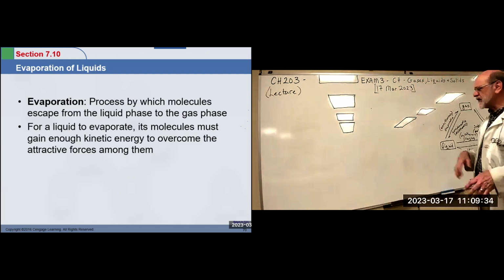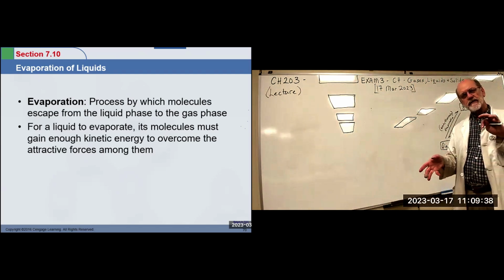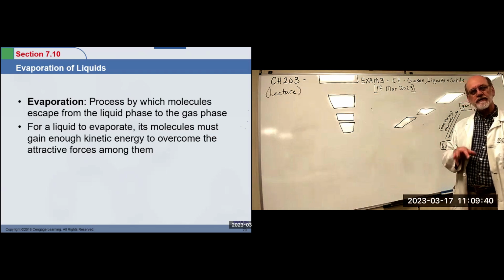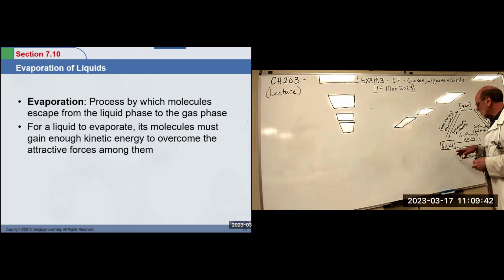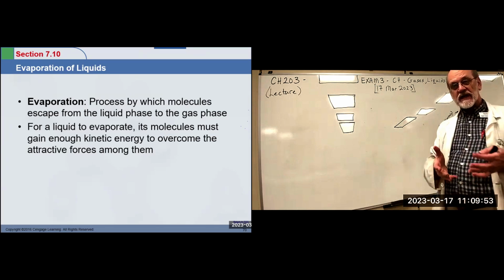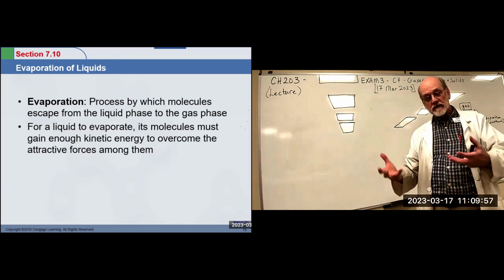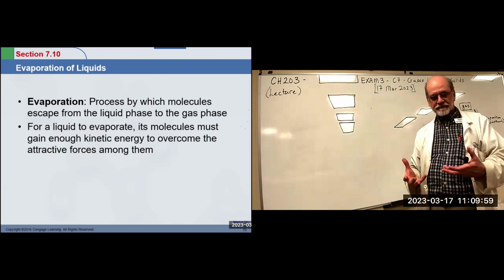So if we look at these in terms of that cohesive versus disruptive forces, anytime you go from, say, a liquid to a gas, or a solid to a liquid, or a solid to a gas, the disruptive forces, the additional kinetic energy, is there to overwhelm the cohesive forces.